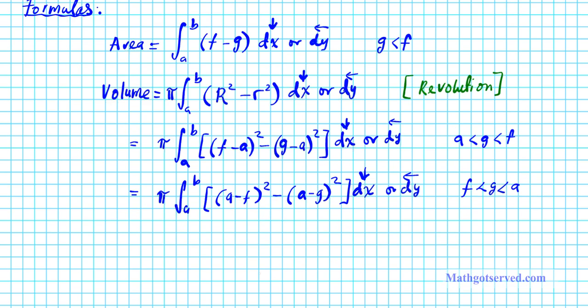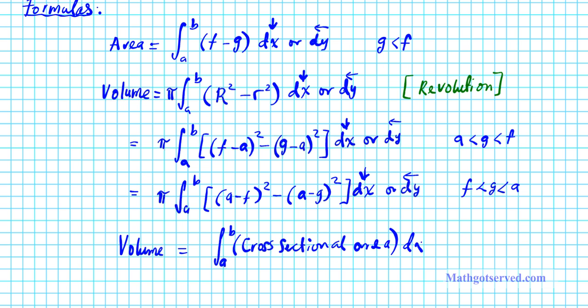Now, how about the volume of solids with known cross-sectional area? That's very straightforward. That one, the volume is simply going to be the integral from a to b of the cross-sectional area. It could be A of x or A of y, depending.